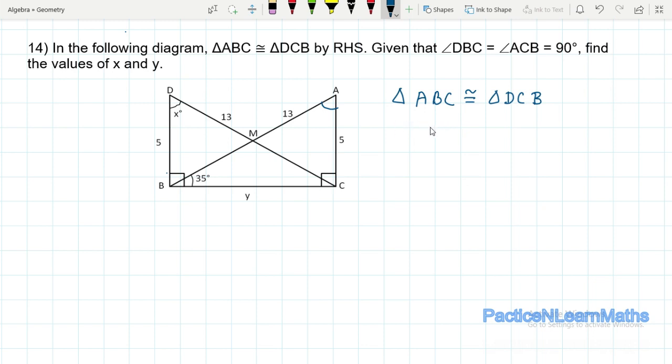So, in these two triangles, it is given that angle DBC is equal to angle ACB. That means this angle is equal to this angle is equal to 90 degrees. They are given already. Now, the hypotenuses are equal, that is CD is equal to AB.